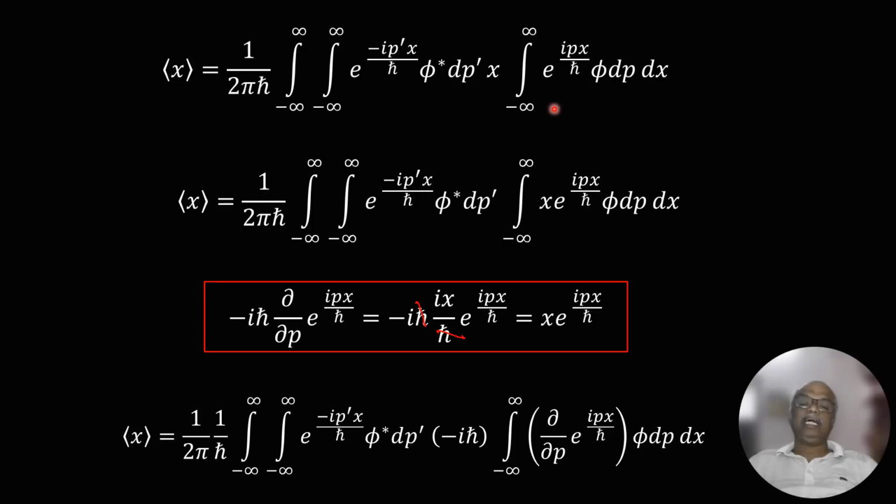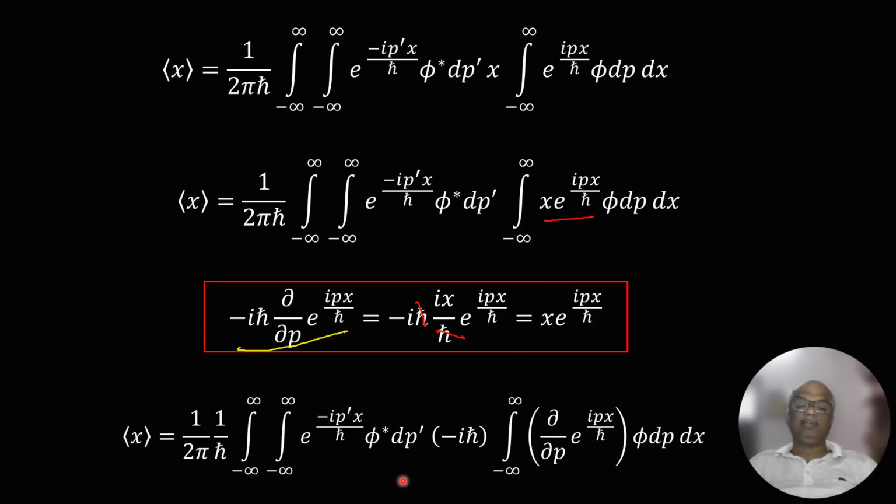So I can replace x multiplied by this term with −iħ ∂/∂p of e^(ipx/ħ). The −iħ I have taken outside the integral. Then this is equivalent to x multiplied by this exponential term.